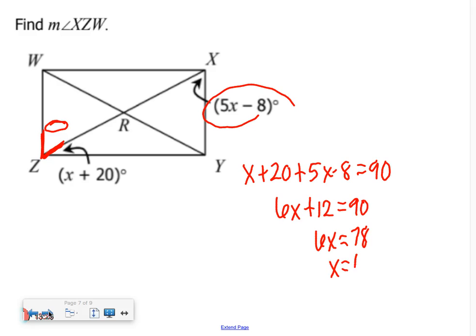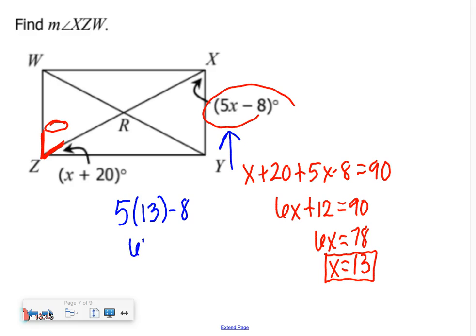You guys get 13 for x? But then remember we have to plug back in to that expression. 65 minus 8 gives us what? 57. Thank you, sir. 57. Perfect.